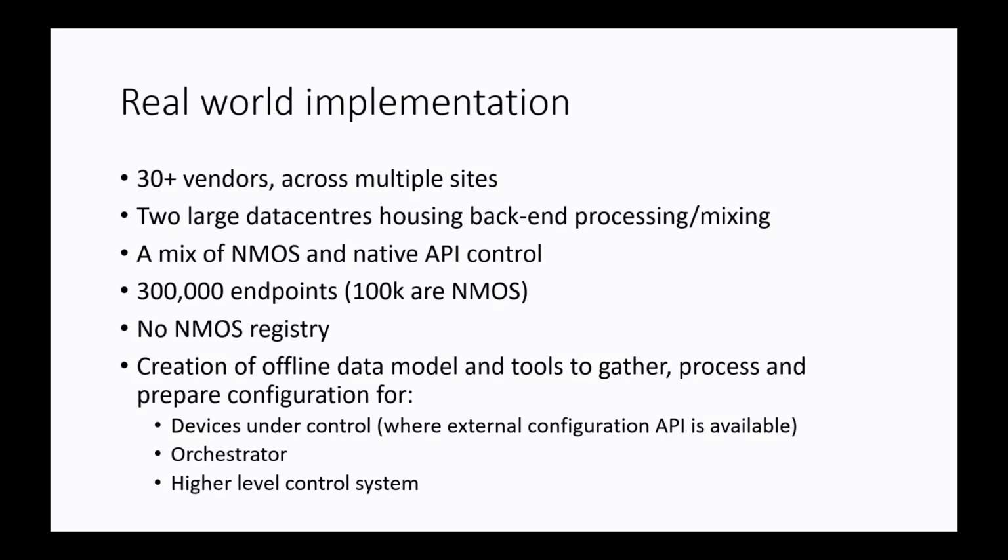So in order to make it work, we've had to create an offline data model and the tools to gather, process, and prepare configuration for the devices that we're going to control, the orchestration engine itself, and the higher level control system. It's given us a single point of good data that can then be reused for different uses.